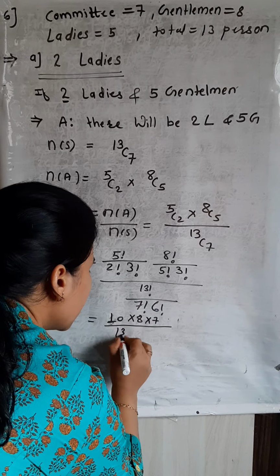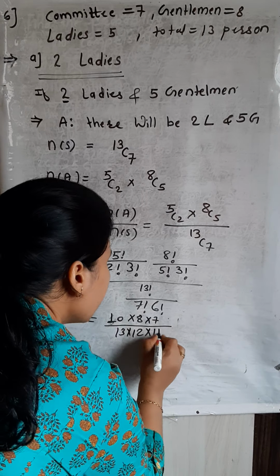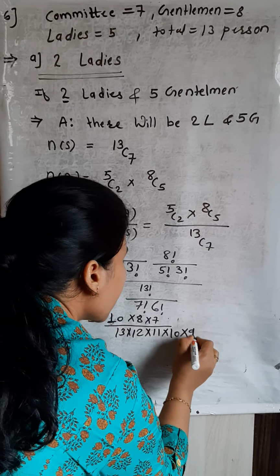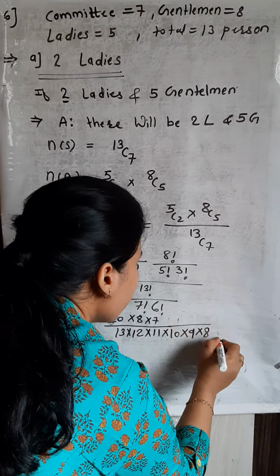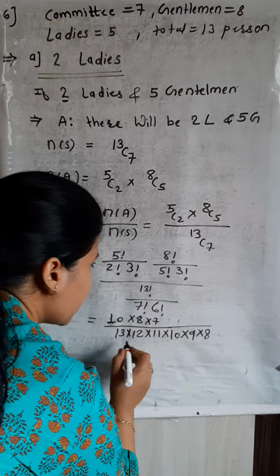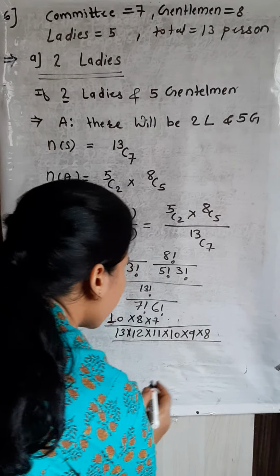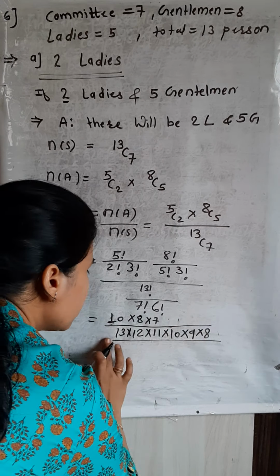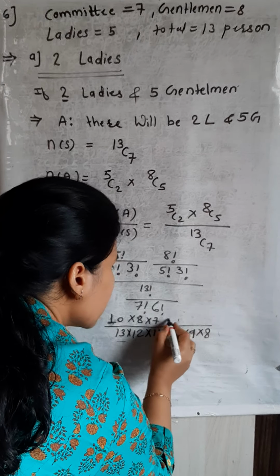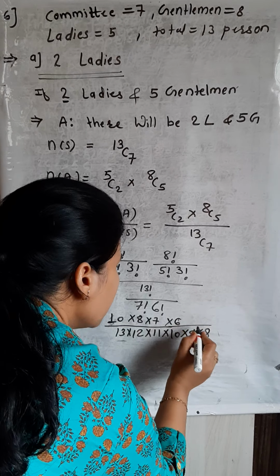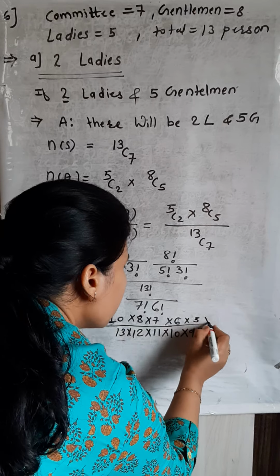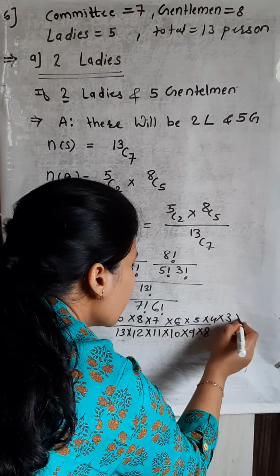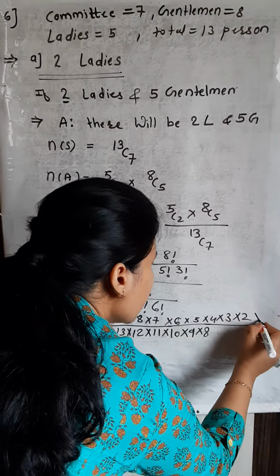So what is remaining? 13 into 12 into 11 into 10 into 9 into 8, and the 7 factorial gets cancelled with this 7 factorial. This is divided by 6 factorial. So this term will go to the numerator, and 6 factorial can be written as 6 into 5 into 4 into 3 into 2 into 5.